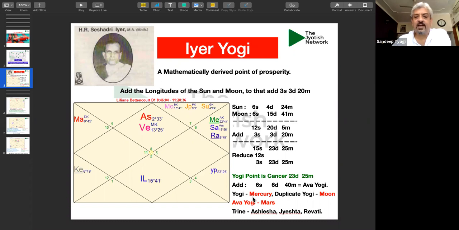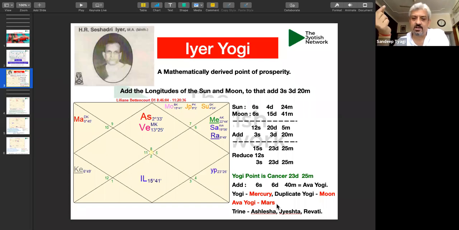A very simple way, 2 ways to calculate the Avyogi is that you have the Yogi Point. To the Yogi Point, you add the Iyer constant for arriving at Avyogi, which is 6 signs, 6 degrees, 40 minutes. And then the mathematics that you get, we go to the same principle of arriving at that nakshatra, and the lord of the nakshatra becomes the Avyogi.